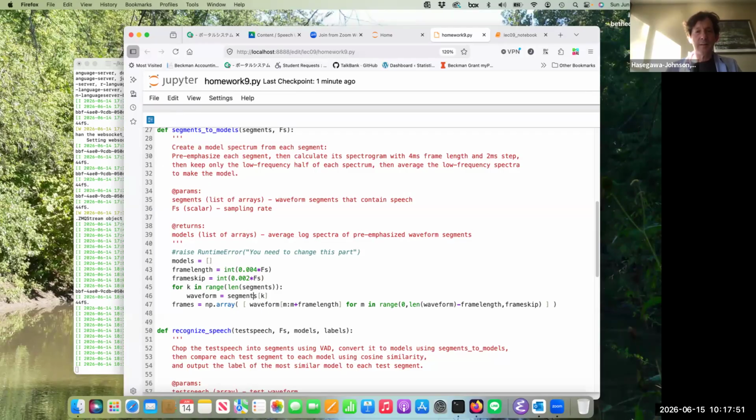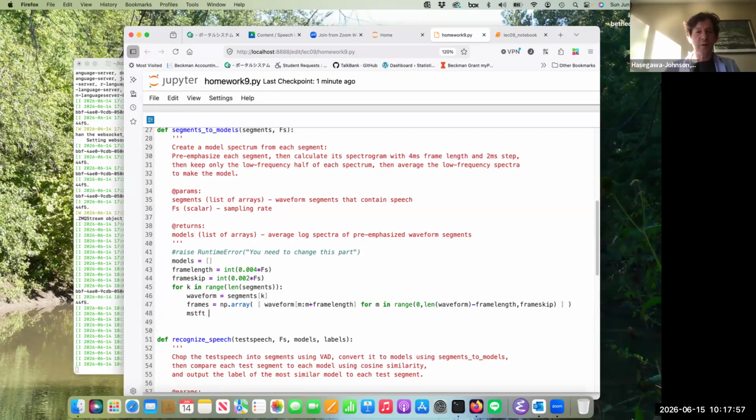All right. Now I want to take the waveform and chop it up into frames, and then I want to take the Fourier transform, the absolute value of the Fourier transform of each of those frames, along axis 1.